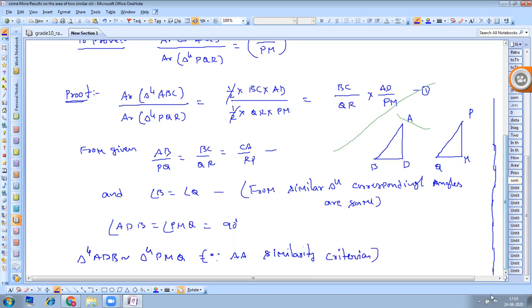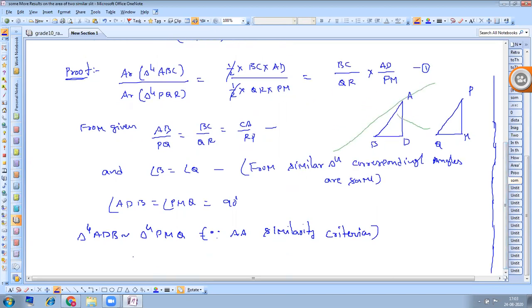Based on that, AB by PQ will be equal to AD by PM. But from the second equation, this ratio will be equal to BC by QR, equal to CA by RP.